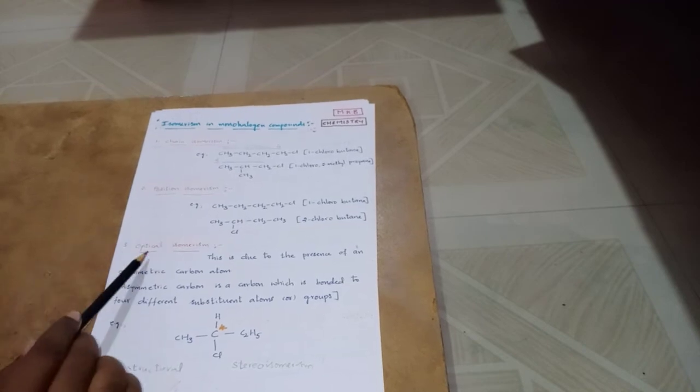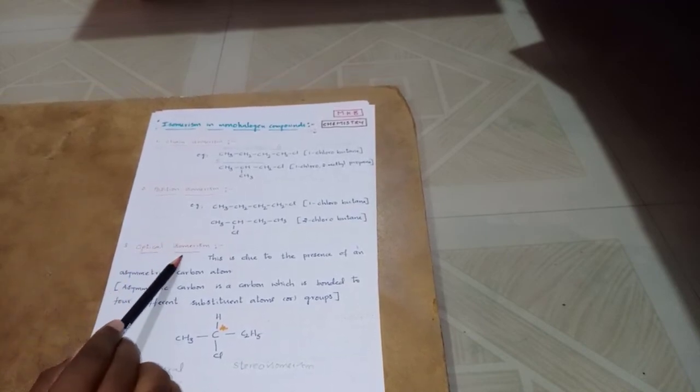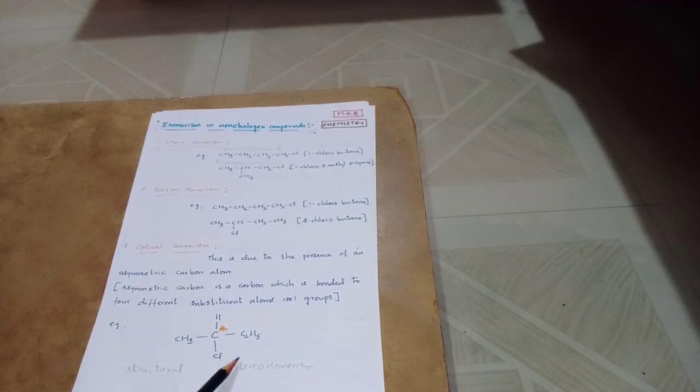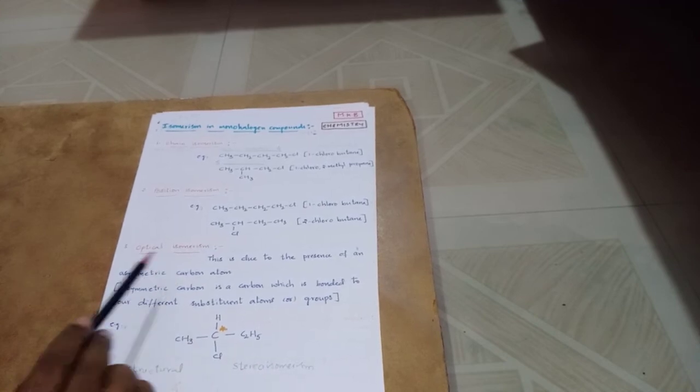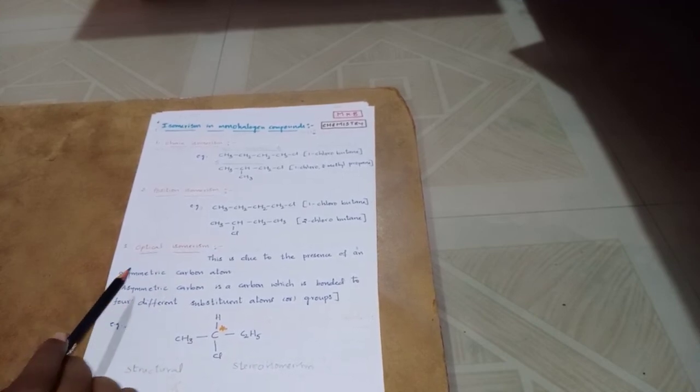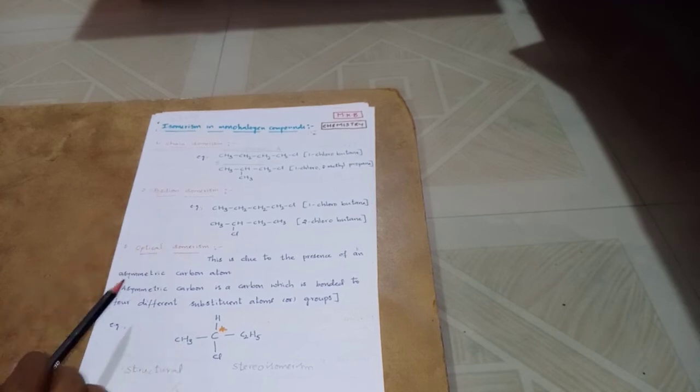And then the next one is optical isomerism. It comes under stereoisomerism. In the next classes, we'll discuss optical isomerism in detail. Now I will give you some simple information about it.